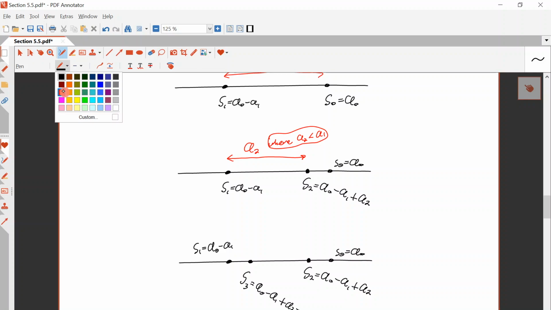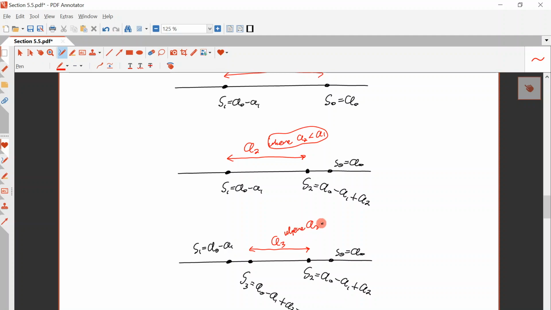And the distance from S2 to S3 is A3, where A3 is less than A2. Again, the A's are decreasing. So S3, you're subtracting off A3, so it goes over here, but not clear over to the left of S1. It has to be to the right of S1. So it's to the left of S2 and to the right of S1. So it just keeps going like this.